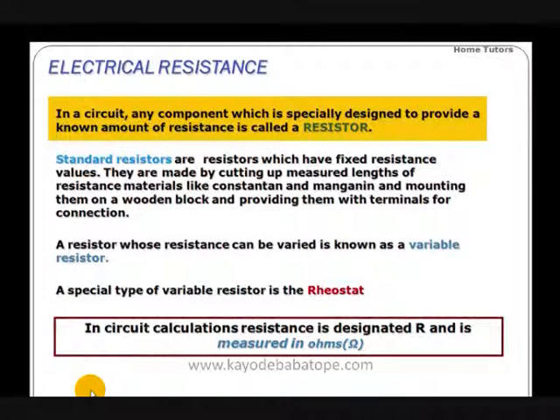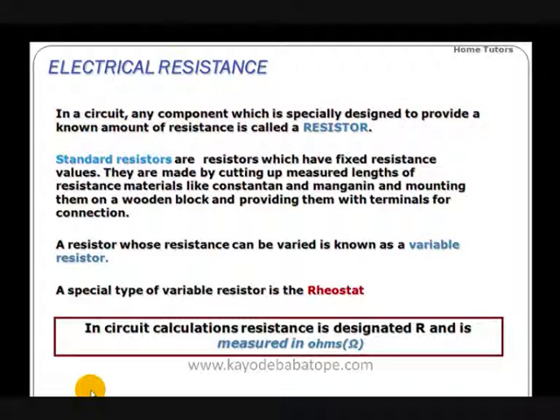In a circuit, any component which is specially designed to provide a known amount of resistance is called a resistor. Okay? Resistors can be those special alloys like manganin, constantan, nichrome, or any other material that has been designed to provide a known amount of resistance.